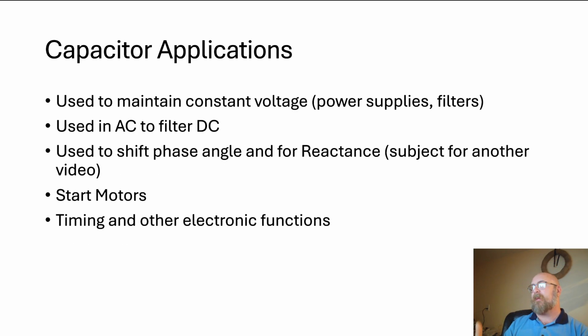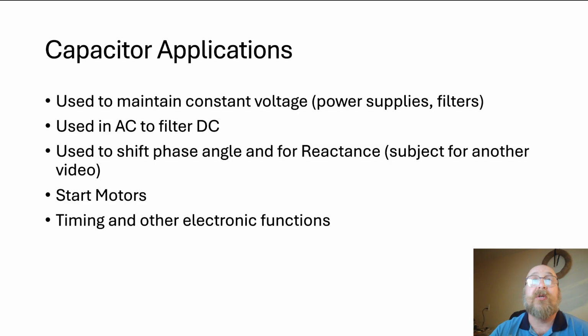Now, let's talk a little bit about capacitors, what they're used for. Like, why did we learn all this? So, one of the biggest things is it's used to maintain a constant voltage. If we place a capacitor in parallel with something in, say, a power supply, that's going to level out any fluctuations happening in that DC power supply.